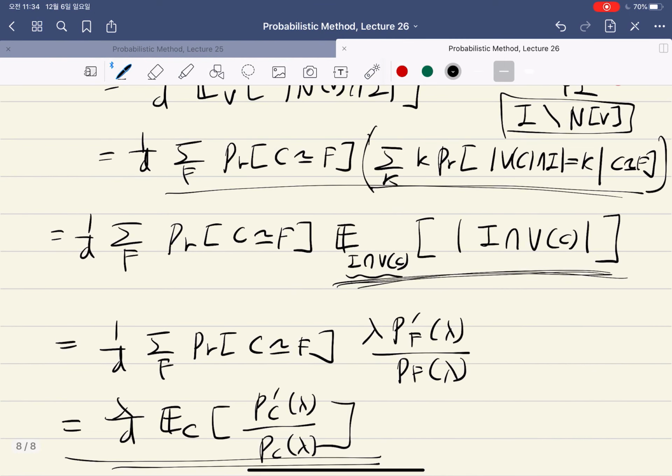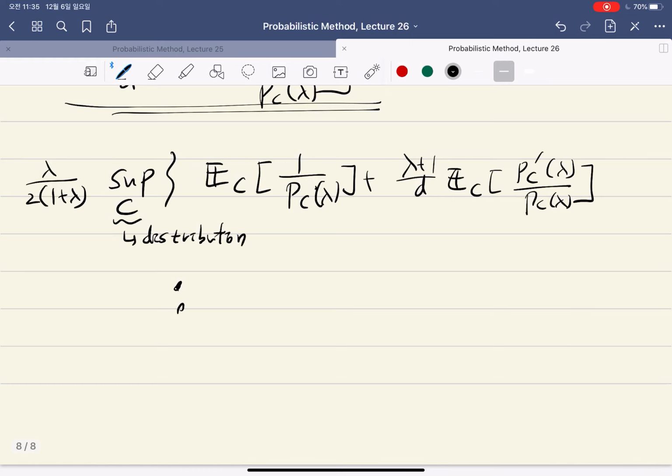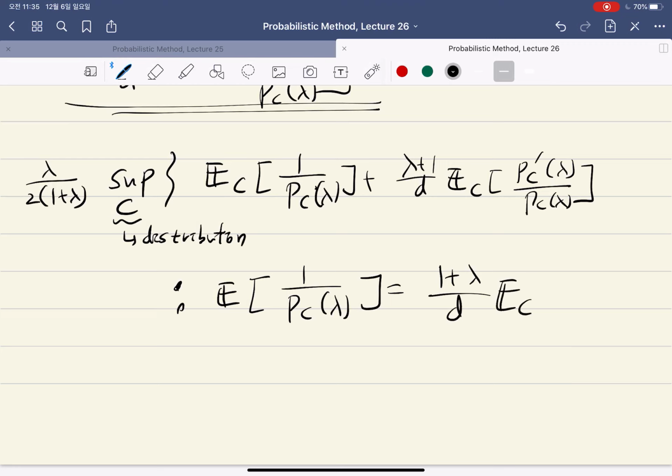So that can be rewritten as this. So we want to figure out this supremum.